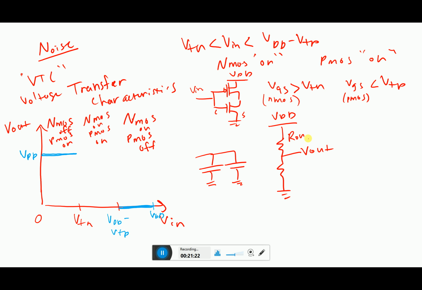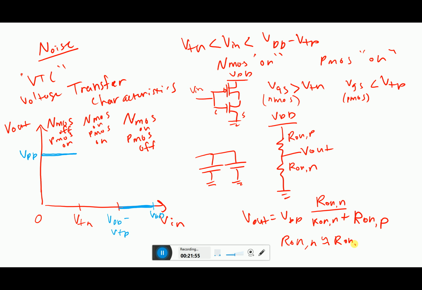So let's call this R on P, and this is R on N. So in this case, V out is equal to VDD times R on N over R on N plus R on P. So in general, when we design these, R on N we can say is about equal to R on P, and therefore V out is approximately equal to VDD over 2.